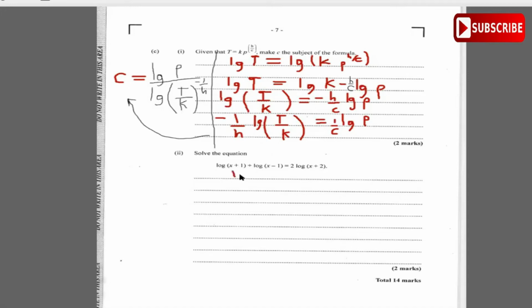So we can connect them by saying log a plus log b is the log of ab. So this works out to be the log of x plus 1 times x minus 1. And that is going to be equal to, we can bring up the power and write it as the log of x plus 2 all squared.